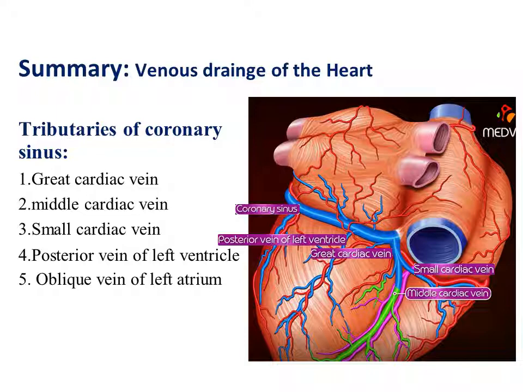Tributaries of the coronary sinus are the great cardiac vein, number one, the middle cardiac vein, number two, the small cardiac vein, number three, the posterior vein of the left ventricle, and then the oblique vein of the left atrium. Those are nicely illustrated. Just have a look at the posterior surface of the heart, giving the whole drainage to the coronary sinus.